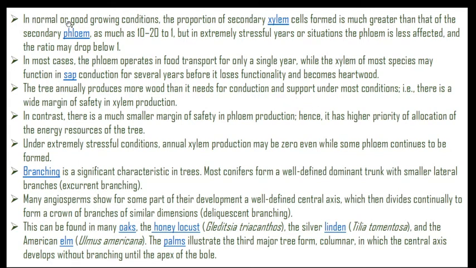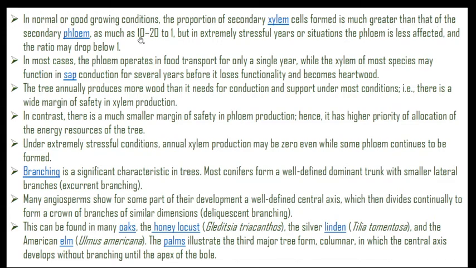Then in normal or good growing conditions, meaning favorable conditions, the proportion of secondary xylem cells formed is much greater than that of the secondary phloem.